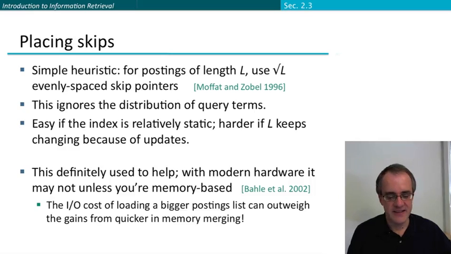The traditional heuristic for how to place skip pointers was that for a postings list of length L, we used square root of L evenly placed skip pointers. That was the heuristic suggested and validated in the original paper by Moffat and Zobel advocating the use of skip lists.